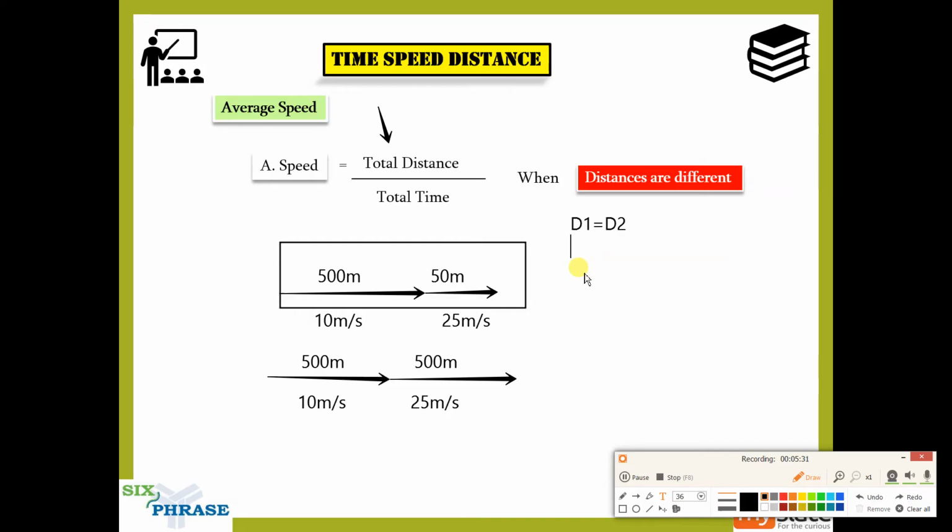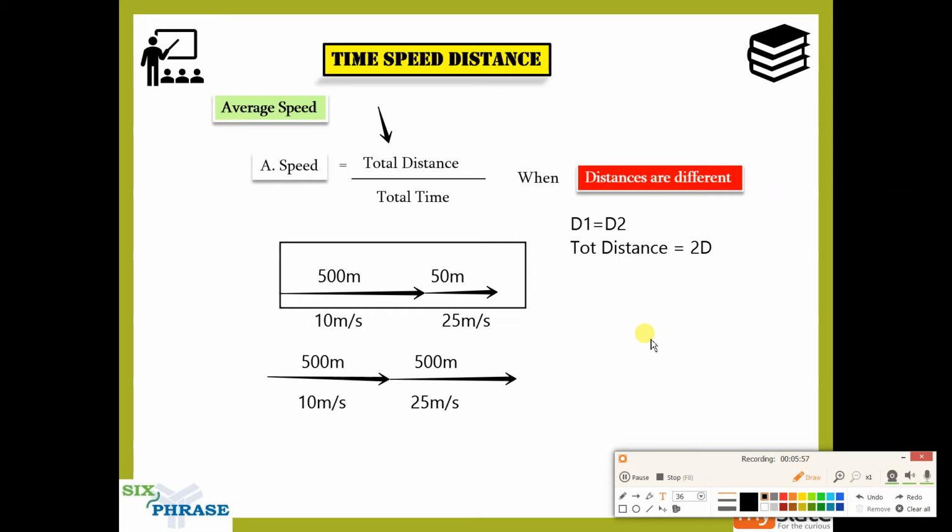What will be the total distance? It will be d1 plus d2, which is 2d. So you can have it as d and d itself. So the total distance is equal to 2d.